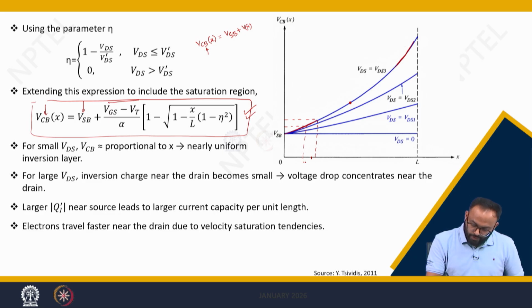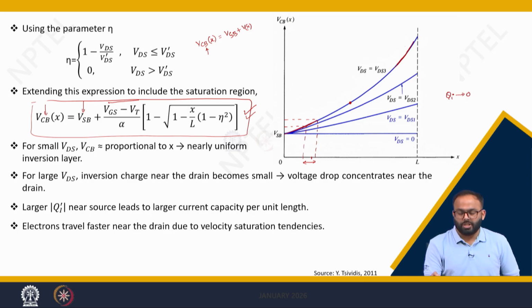So you have to apply less voltage to change the inversion charge near the source, because it is highly inverted. However, when you go towards the drain end, then Qi goes to 0. So you need to change the voltage much higher to get a change in the inversion charge, and hence the steepness of the slope is higher at the drain side, correct.